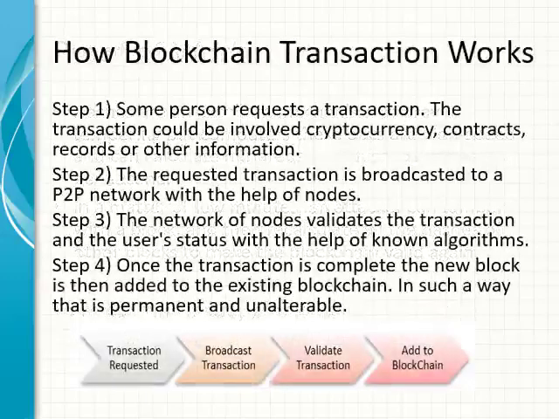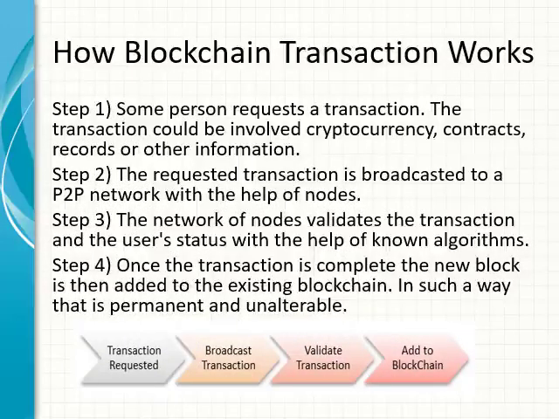In the previous session we studied how a blockchain transaction works. If some person wants to request a transaction, the transaction could involve cryptocurrencies, contracts, records, or other information. The first step is that the transaction is requested. The second step is that the requested transaction is broadcast to a peer-to-peer network with the help of nodes, and every node has to validate the transaction.